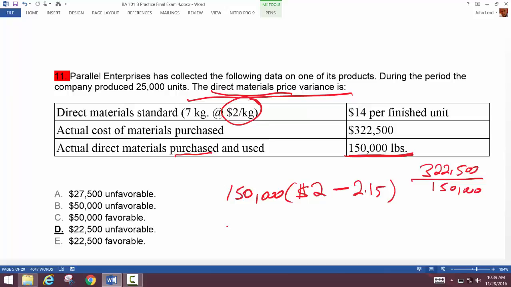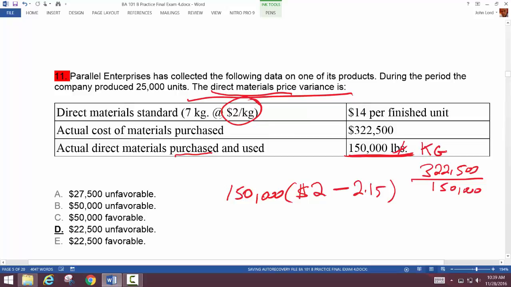Direct materials price variance. What did I do here? Well, you get the answer when you do that. I think that's a typo, Omar. This should be kg.